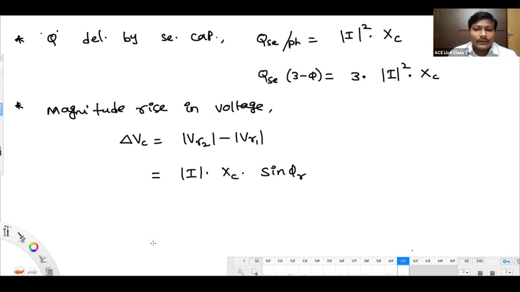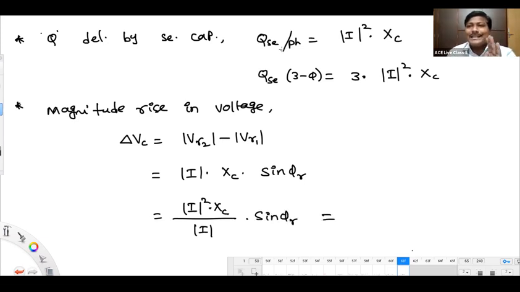Okay, done. Next. Let's modify this equation a little bit. Multiply with the current and then divide with the same current. Now you see, what is that I square into XC? That is QSE, the series capacitor reactive power supply.